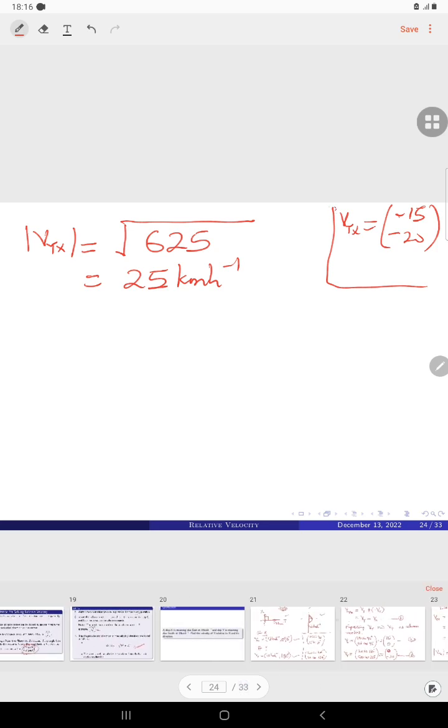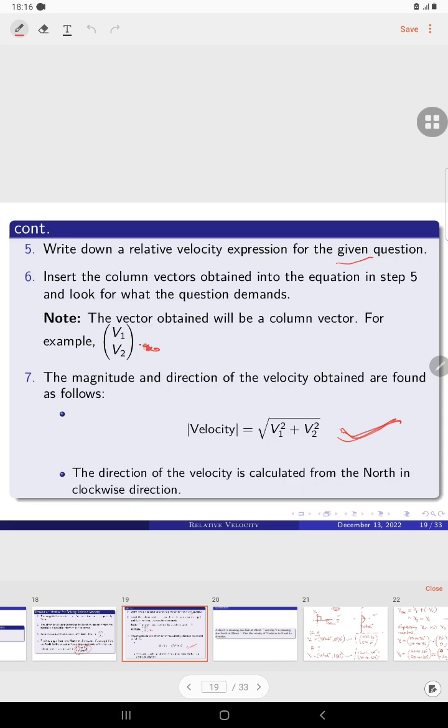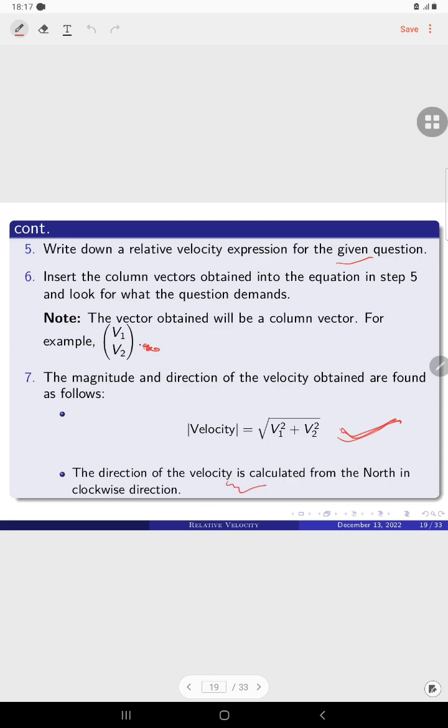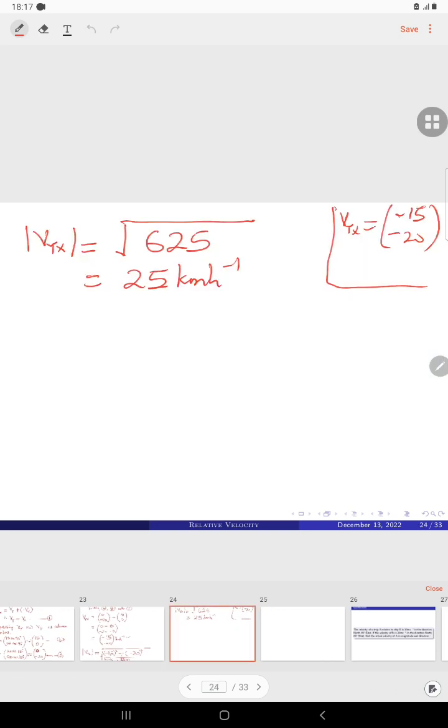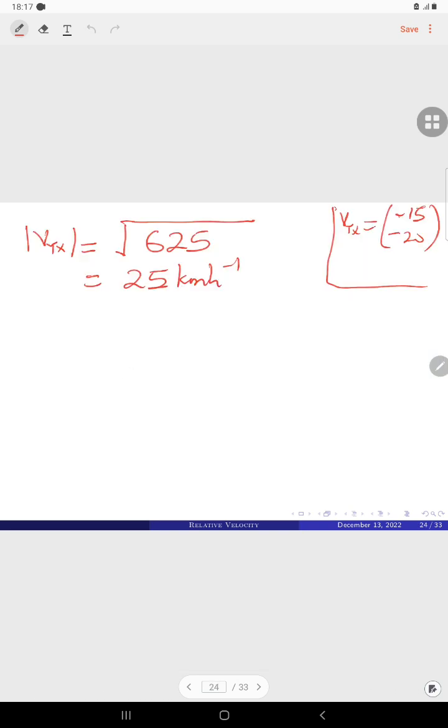So we are on the final part, the direction. How do we find the direction? You just draw your Cartesian plane as usual. The first component is the x component, and it is negative, so negative x is here.